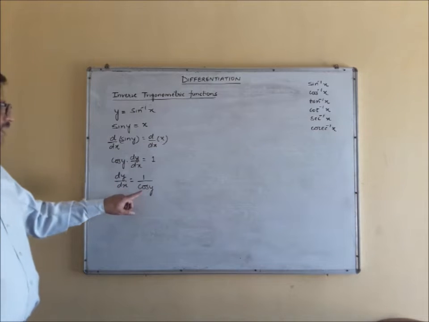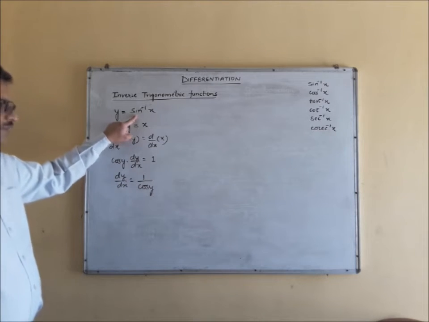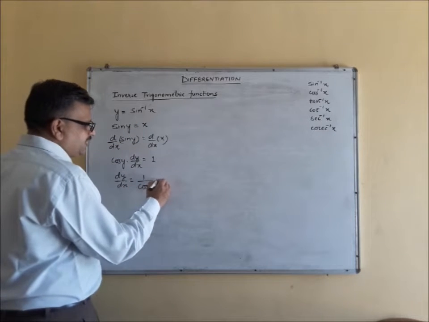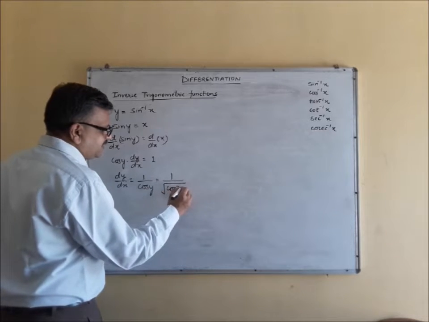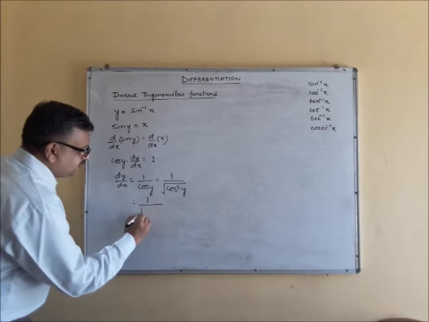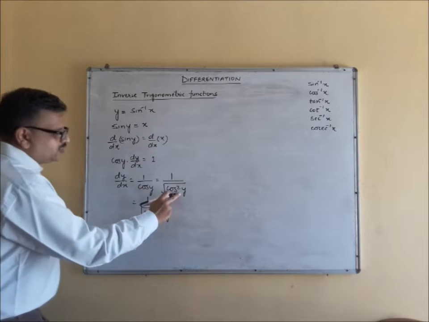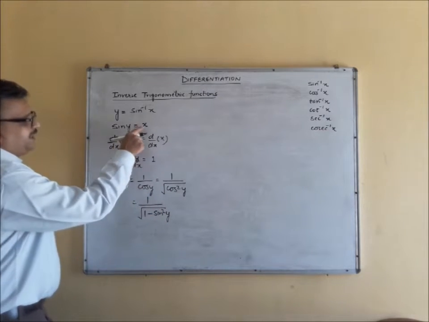But this derivative is in y. Our function is in x. So we convert it into x. So this cos y can be written as 1 upon under root cos square y. And this is 1 upon under root 1 minus sine square y. Cos square y is 1 minus sine square y, and sine y is x.